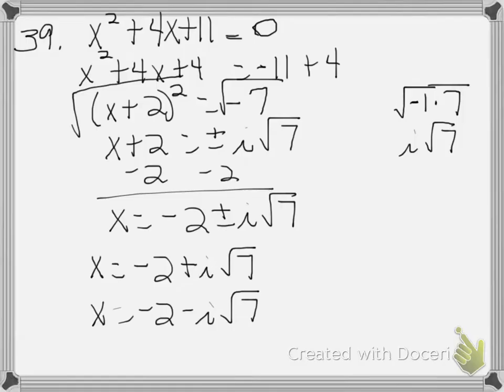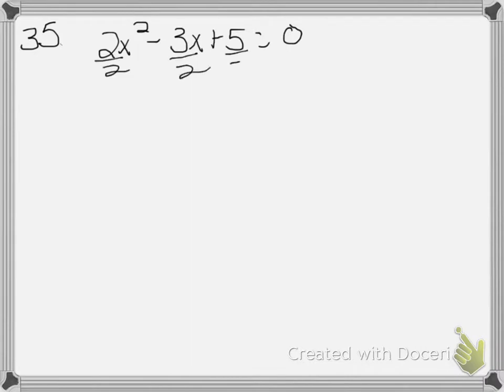Which leads us to doing number 35. Okay, we have to divide everything by 2. So that's x squared minus 3/2 x. Now I'm going to go ahead and subtract the 5/2, put it on the other side at the same time, because 0 divided by 2 turns into 0.